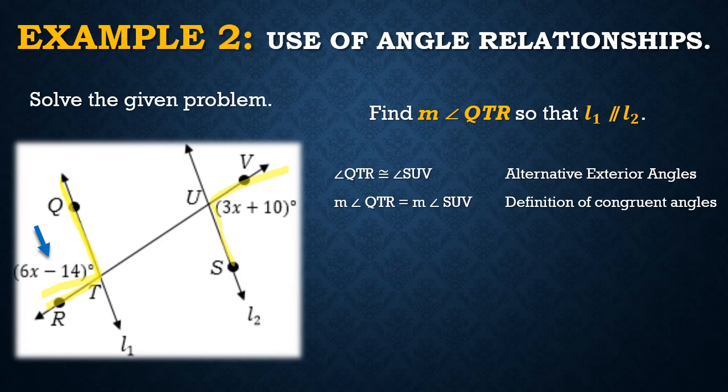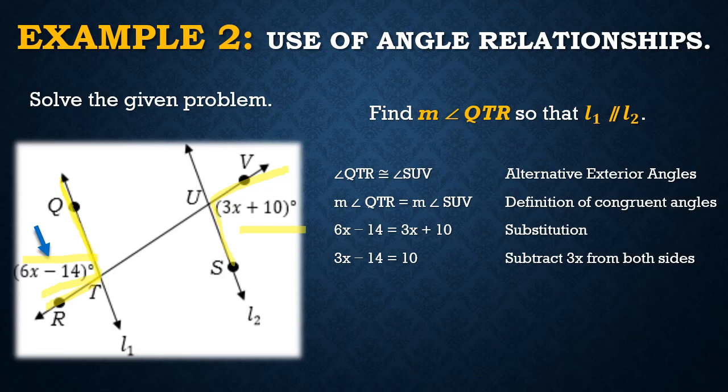So the measure of angle QTR is equal to the measure of angle SUV. Okay? That is by the definition of congruent angles. Now we are going to substitute. So angle QTR is 6x minus 14 and angle SUV is 3x plus 10. Okay?